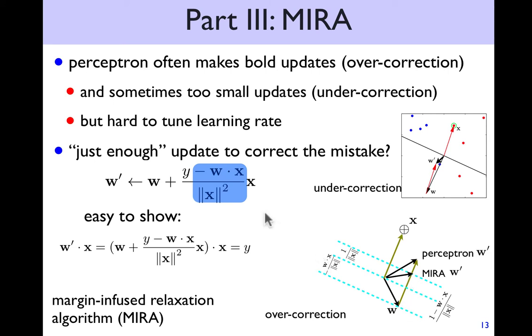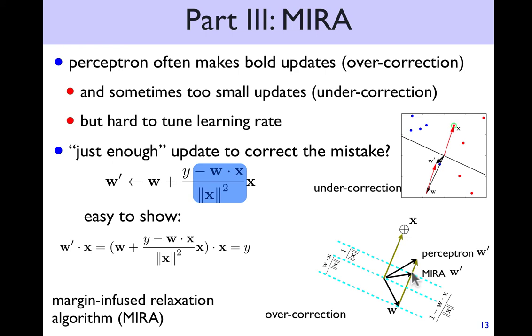So you divide it by its length, its norm, and times the x again. Then you create a shrunk copy of the x vector whose norm is exactly 1 minus w dot x divided by the norm of x. That's the exactly enough update.